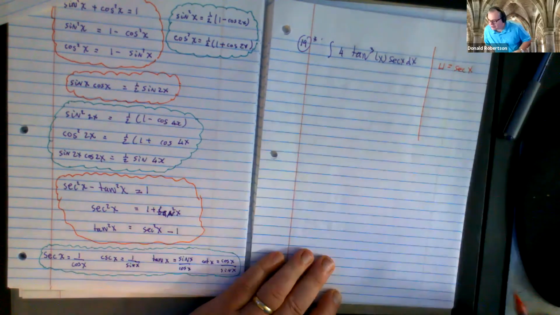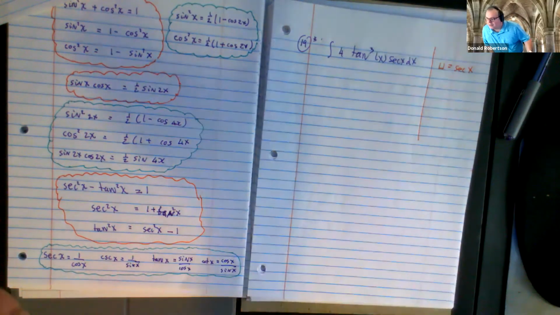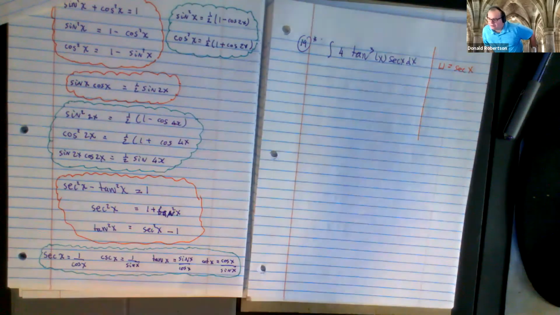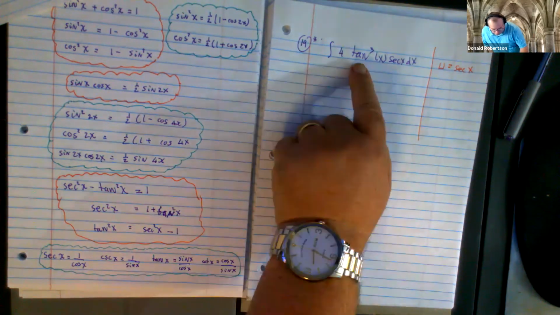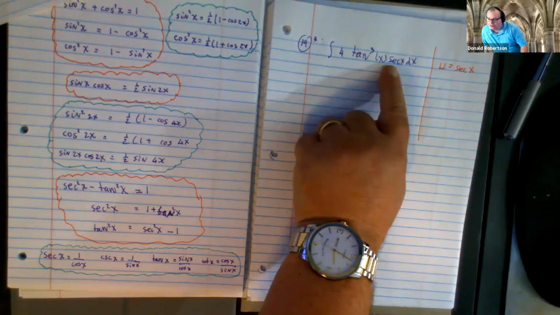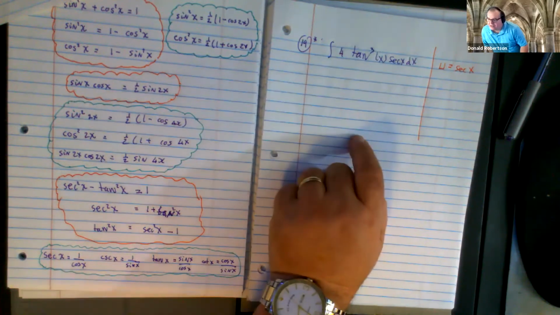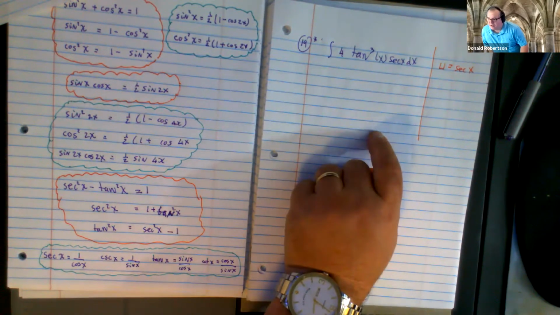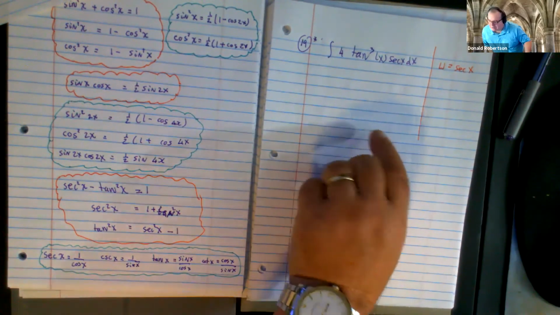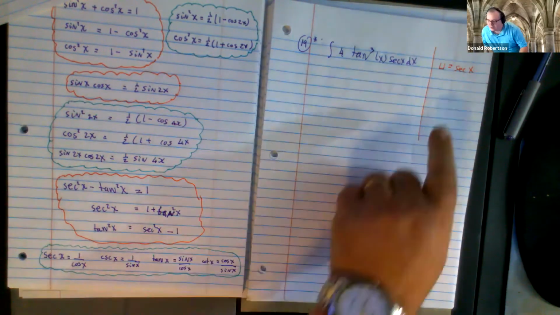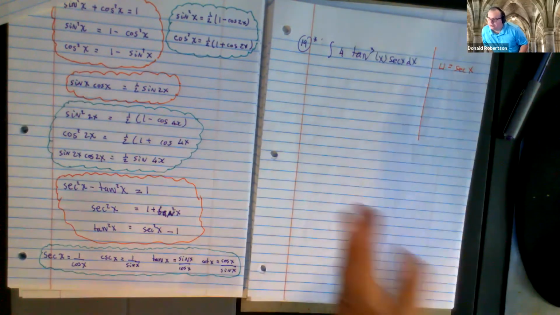Try it out. Try a tangent yourself when you've got time and just see what happens. And then hopefully you'll say, ah, you're right. If you do a secant tan combination like this, and once you're finished, there's a secant x left over or a tan x left over, right? The other guy, right? So in this case, it'd be a tan x left over. You know you've chosen the wrong one.